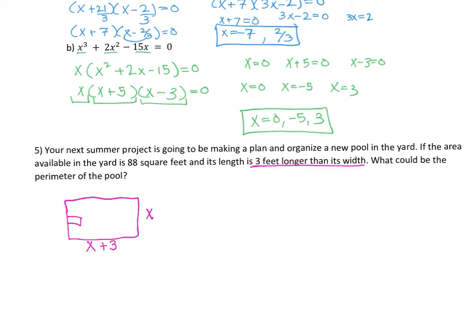Ooh, that kind of is a turn. Well, we know what the area is. We know that the area is 88 square feet. And we know that area is length times the width. I actually wrote it width times length, but it doesn't matter. So if this is our area, what we need to do is we have to find the width, we have to find the length, and we use those two things to find the perimeter.